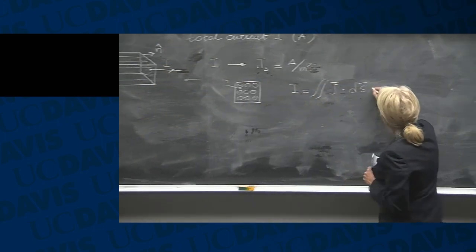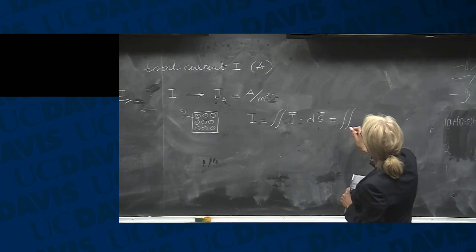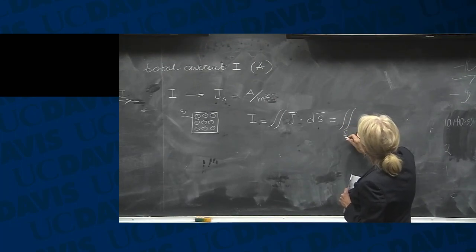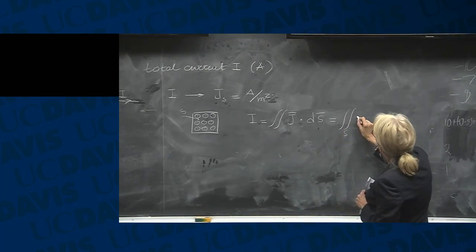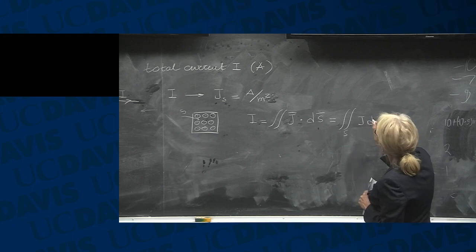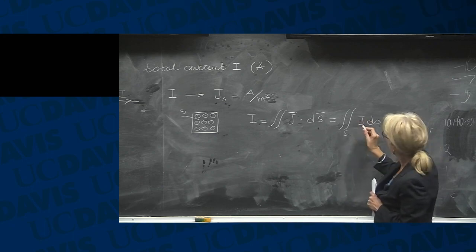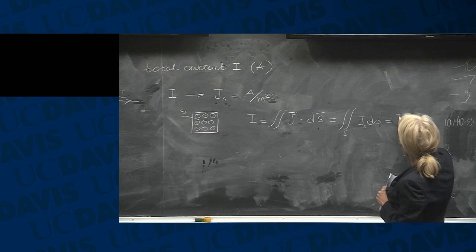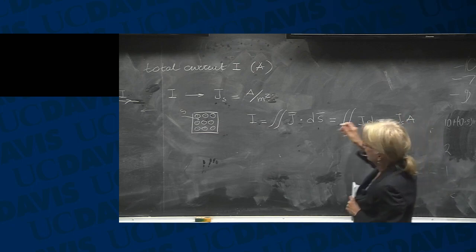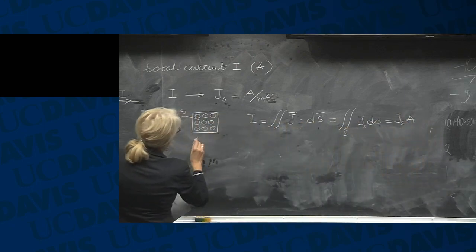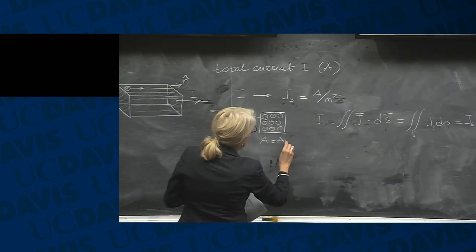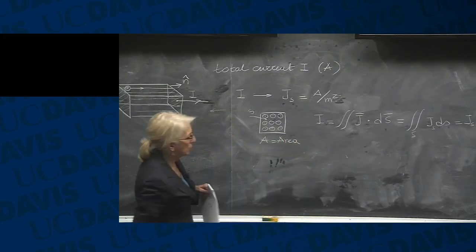So practically, this comes to be the integral over S of J dS. And if this is uniform, it's going to be J sub S times the area, where this is the area or the cross-section.